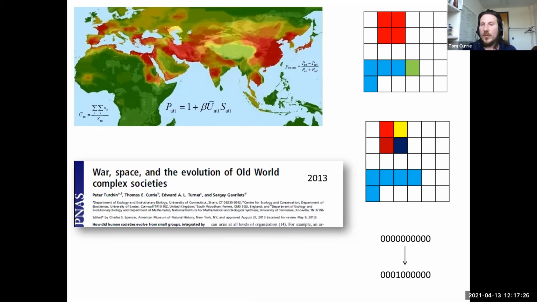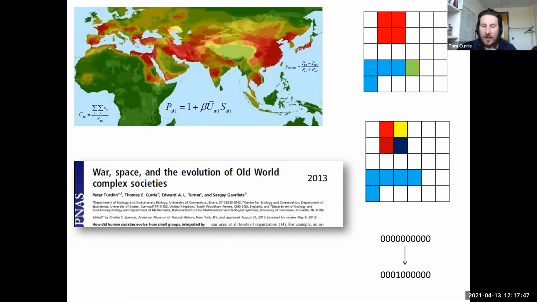We developed a model where, broadly speaking, each of the grid cells on the right-hand side represents a different society, and we allow these societies to fight each other, and one group can take over and control another one.